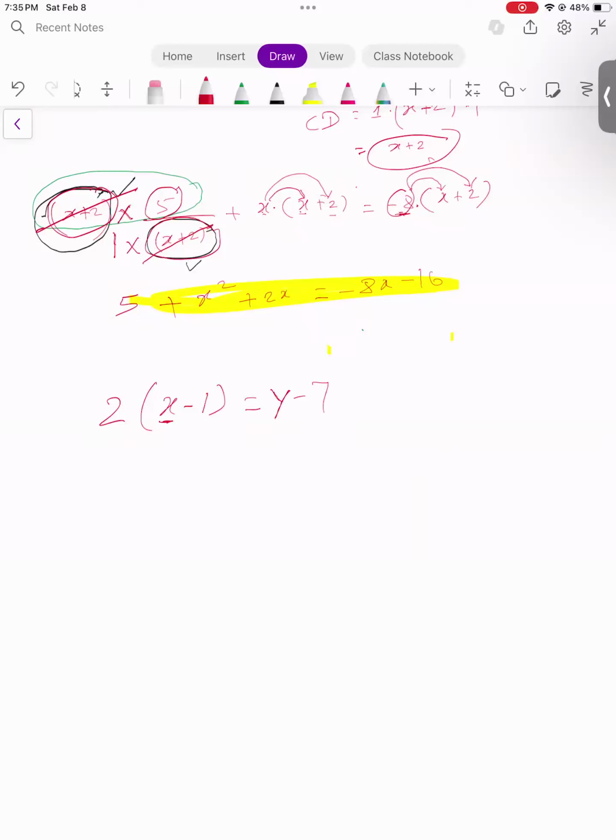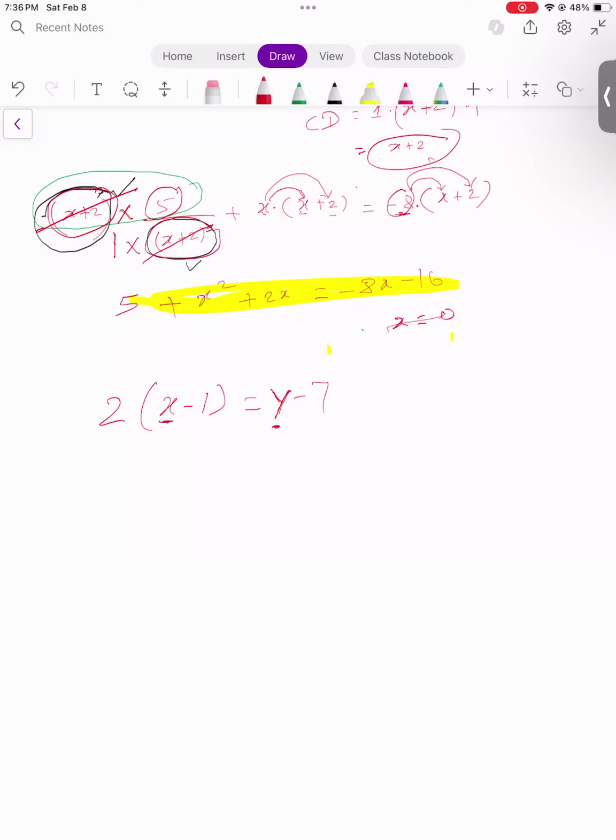Some of you took x as 0, substituted x equals 0 and found the value of y. That's not what you are doing. Solving for y means you are making y by itself on one side and the remaining terms on the other side.